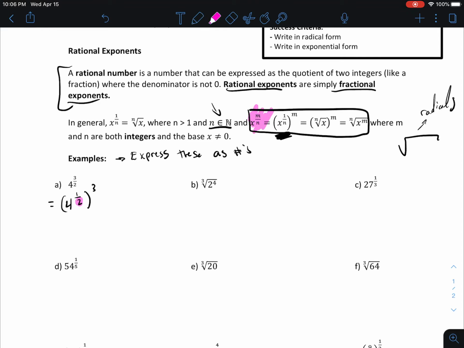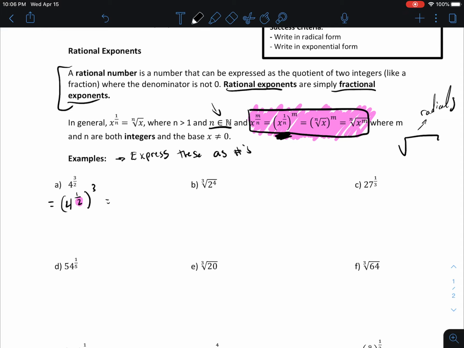The stuff up here is a little bit mathy, I understand that, but it's just saying the same thing. It's giving you the steps of how to actually convert this thing. It looks a little bit better with numbers, and you can see where the numbers go.